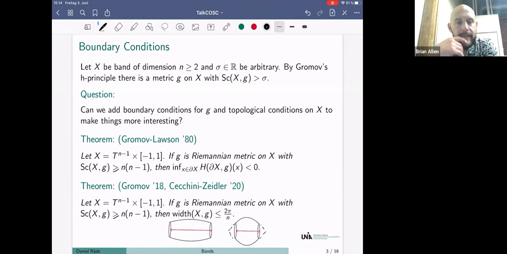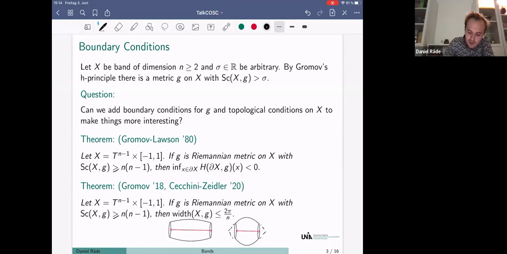Okay, so the thing that motivated me to start thinking about this question is an idea of Cecchini and Zeidler, and if you look really closely, you can find it in Gromov's 4 lectures. These two theorems, although they look completely different: the first one says something about a lower scalar curvature bound, and then you look at lower bounds of the mean curvature maybe, or upper bounds on the mean curvature, or its infimum.